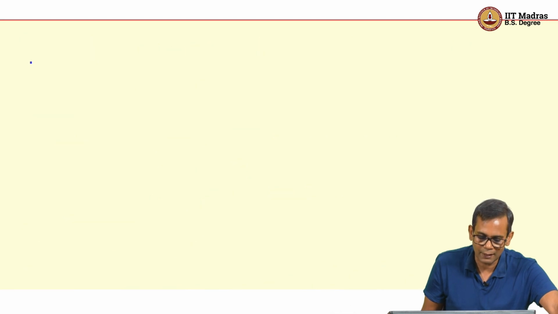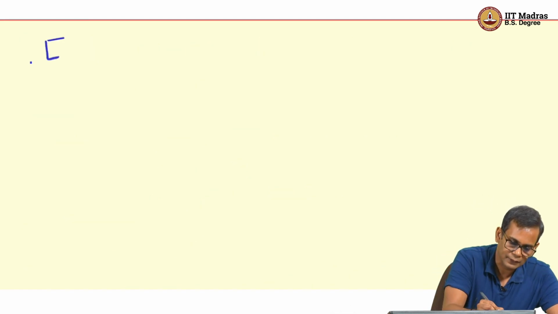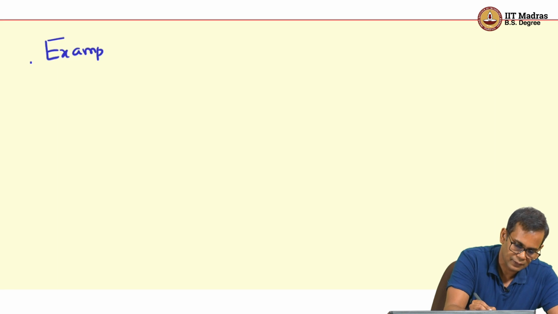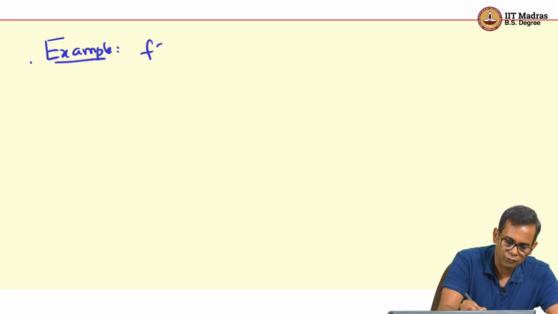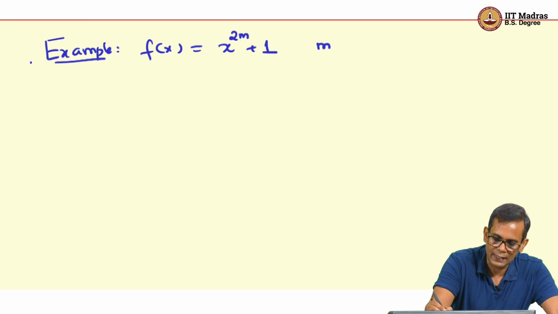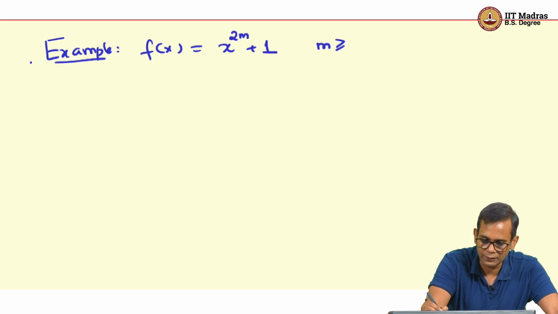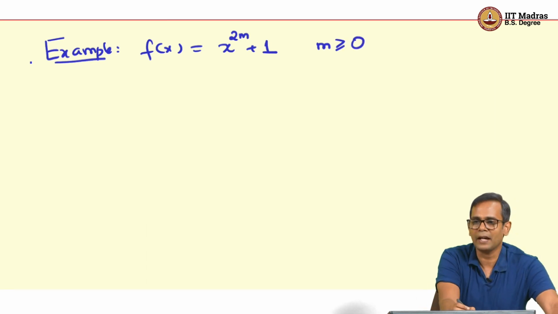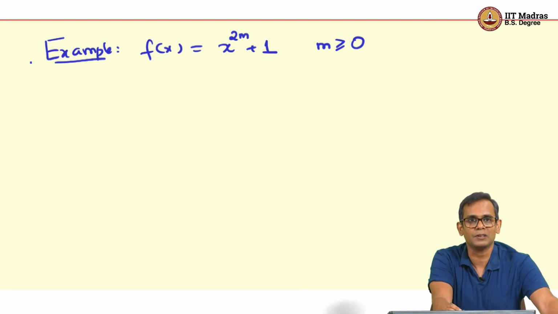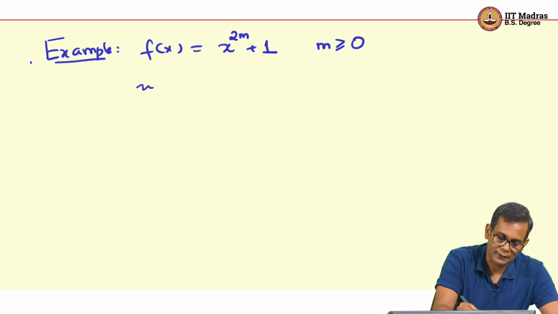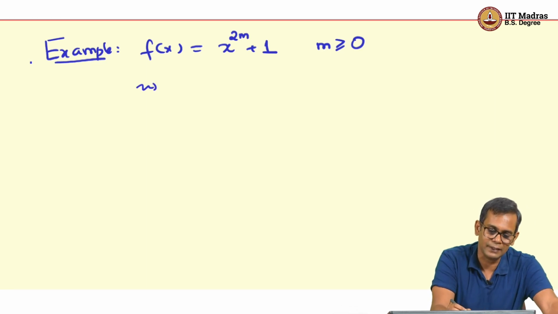So, now for example, if you take f of x equals x to the power 2m plus 1, where m is any non-negative integer, then this does not have a root because x to the power 2m plus 1 will always be greater than or equal to 0 for every real number x. So, this polynomial has no root. So, this means that we need the degree to be odd.